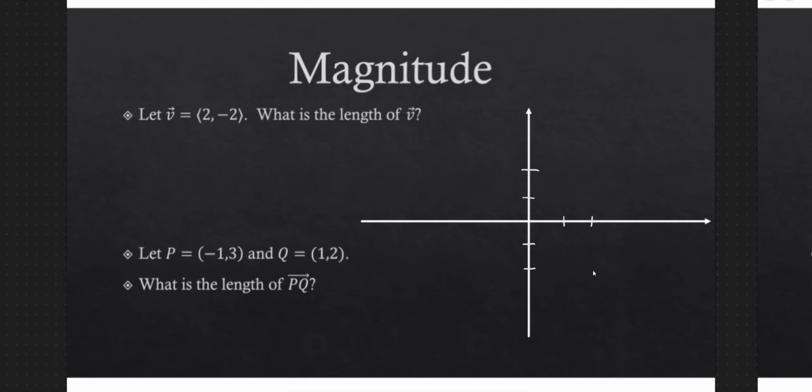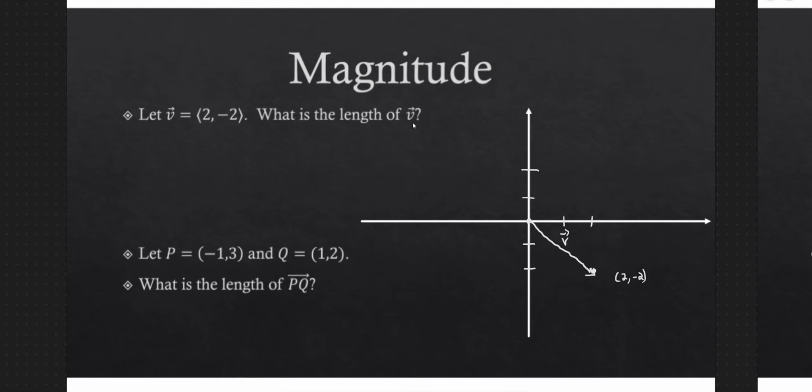The point is right here. That's the point (2, -2). And then the position vector (2, -2) has tail at the origin and head at the point (2, -2), and is this vector here. So this is v.